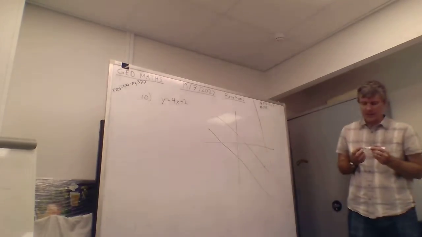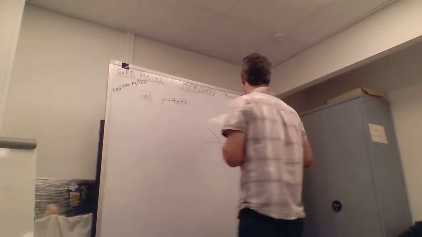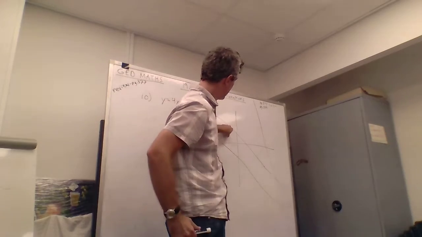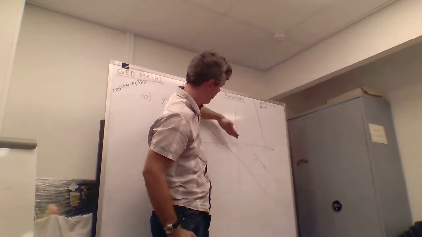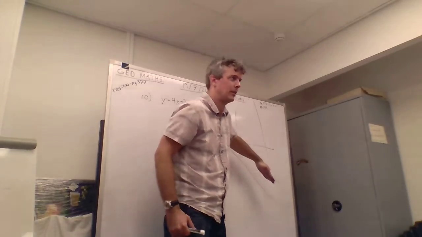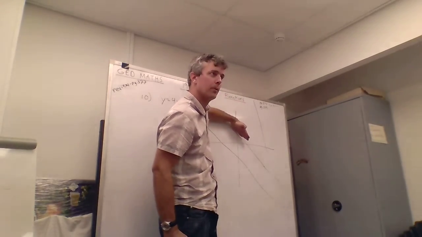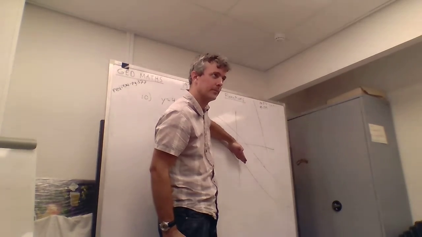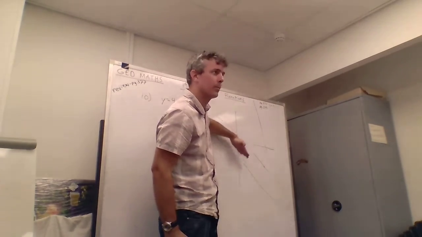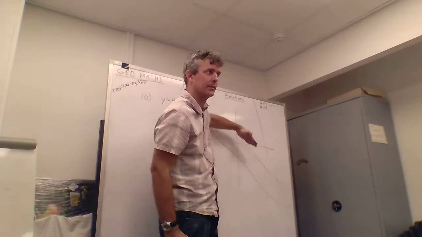And the way you can tell if a line is parallel, this has the same shape as this one, which means this has a certain slope, and this one has the exact same slope. So if they have the same slope, they will not intersect.